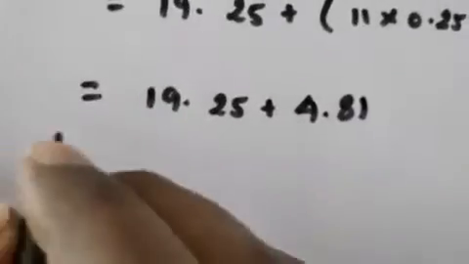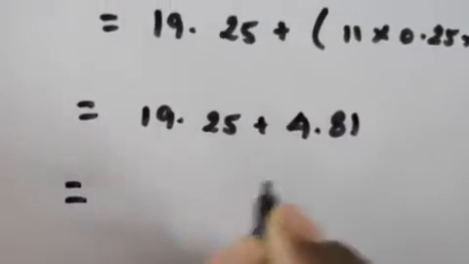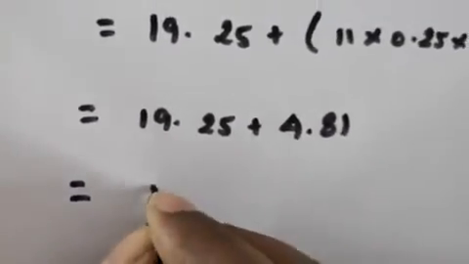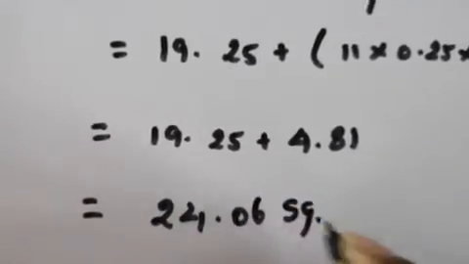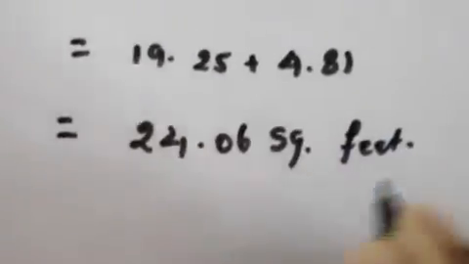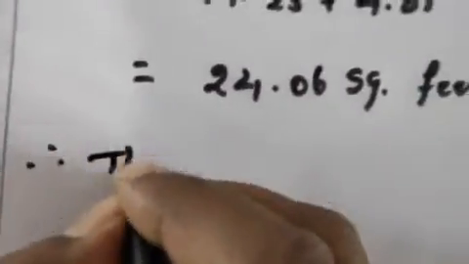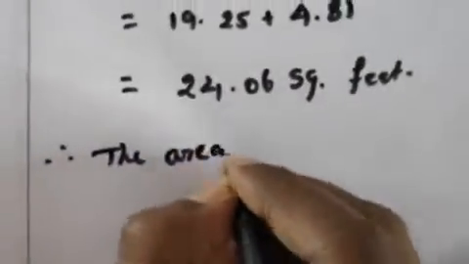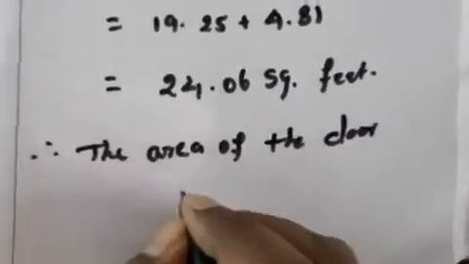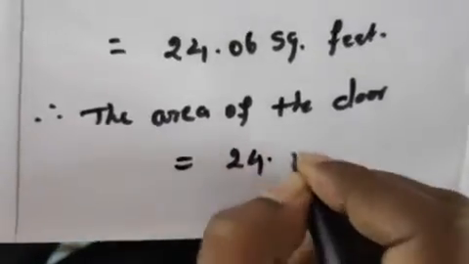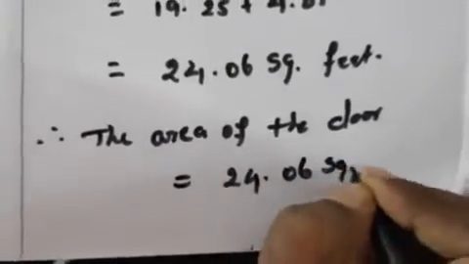Now add these two, 19.25 plus 4.81, that is equal to 24.06 square feet. Therefore the area of the door is equal to 24.06 square feet.